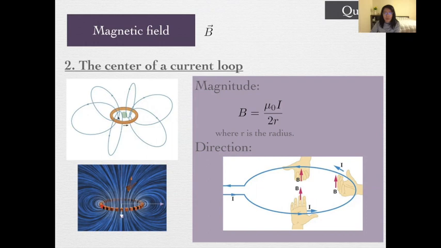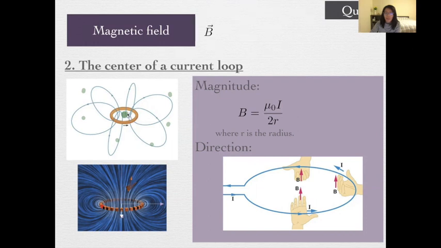You'll have a current running counterclockwise on this loop. And technically, you have magnetic field everywhere, but all those magnetic fields will need some integration to figure out the strength. But this point is particularly simple.